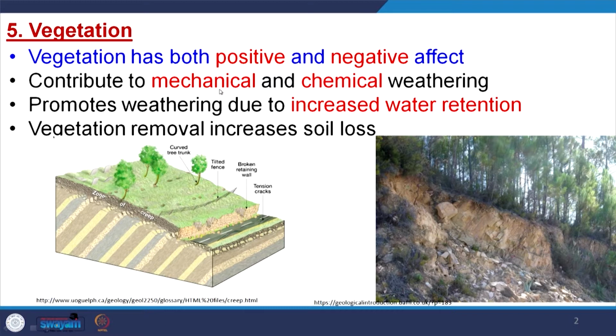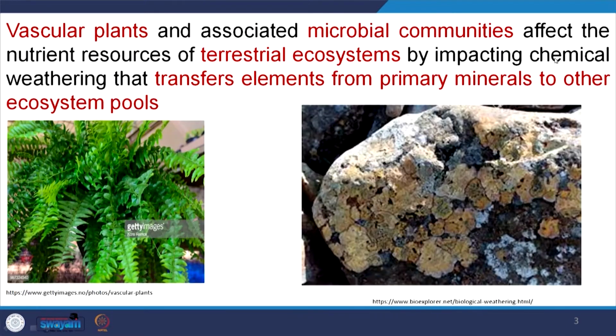And for chemical weathering, if you remember our chemical weathering class, there is a sphere called the rhizosphere, where there is bacterial activity, and through the bacteria, and similarly the plant root, being positively and negatively charged, this promotes chemical weathering. So, mechanical and chemical weathering are both promoted by the presence of plants.